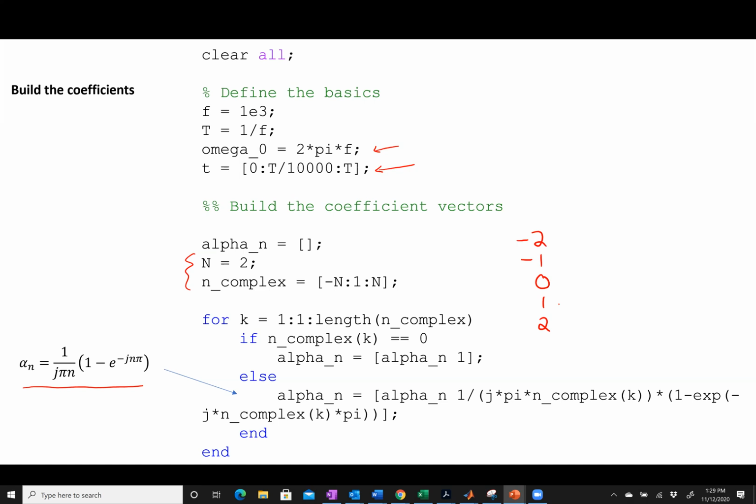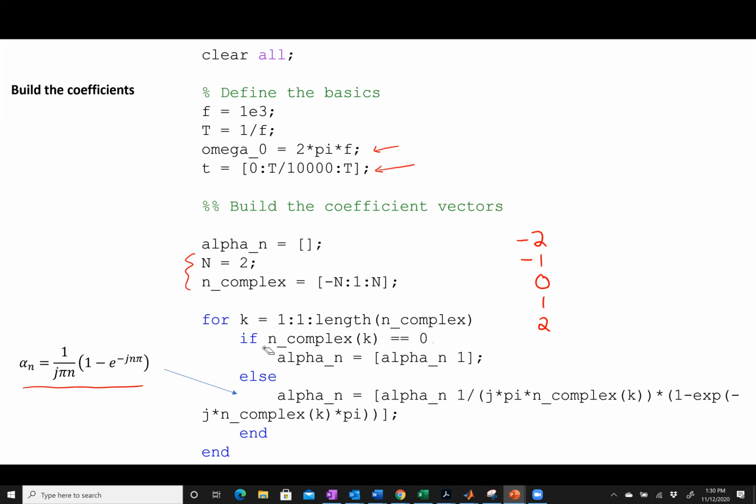And notice what I've done here in my for loop. I say for k equal from 1 to length of n complex. I've said, okay, if n complex of k equals 0, what is that checking? I've got 2 conditions in my for loop.